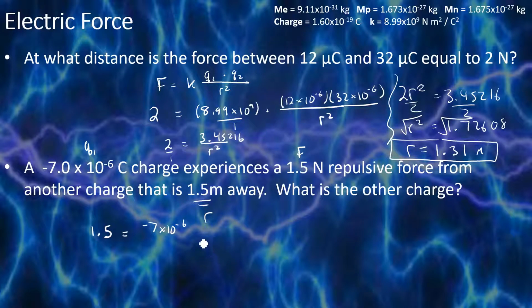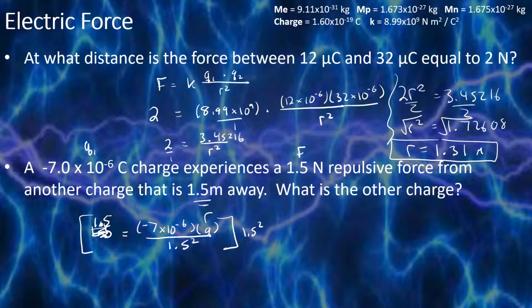I could keep that sign, it doesn't really matter that much. But it is a repulsive force, so I know the other thing should be negative as well. So this is going to be Q for our charge that we're looking for. Why did I put 1.5? Oh, it is 1.5. Those are the same. All right, so 1.5 squared over here. So I'm going to multiply both sides by that 1.5 squared.